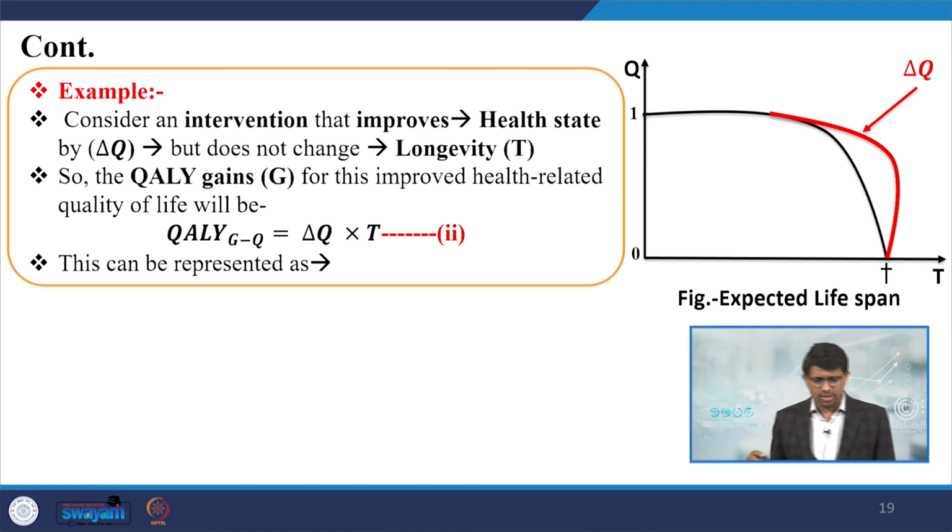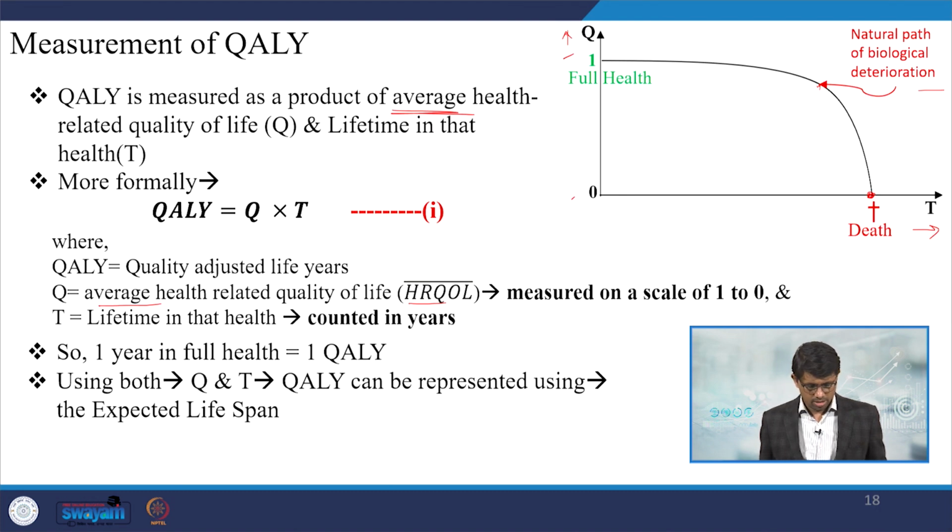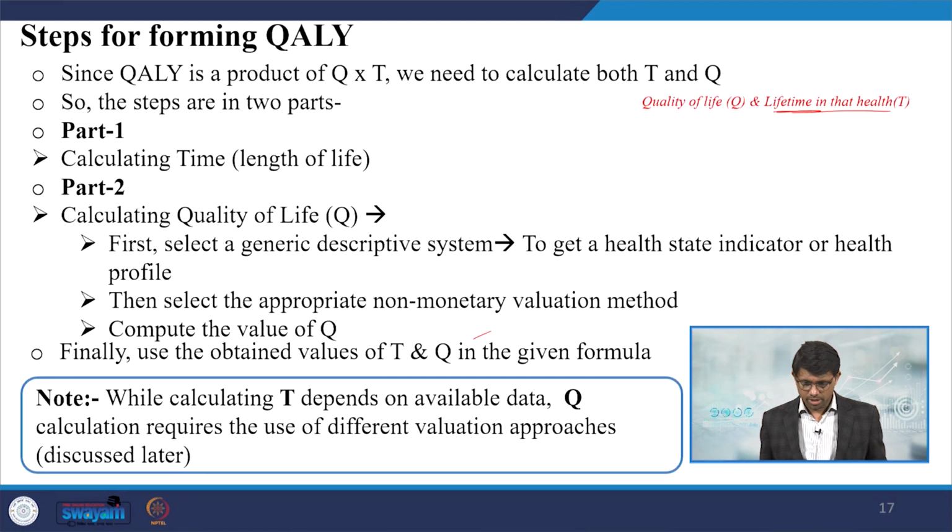So, G is the gain, and Q is the original quality of life. We have already discussed this; I am just repeating it for your clarity.